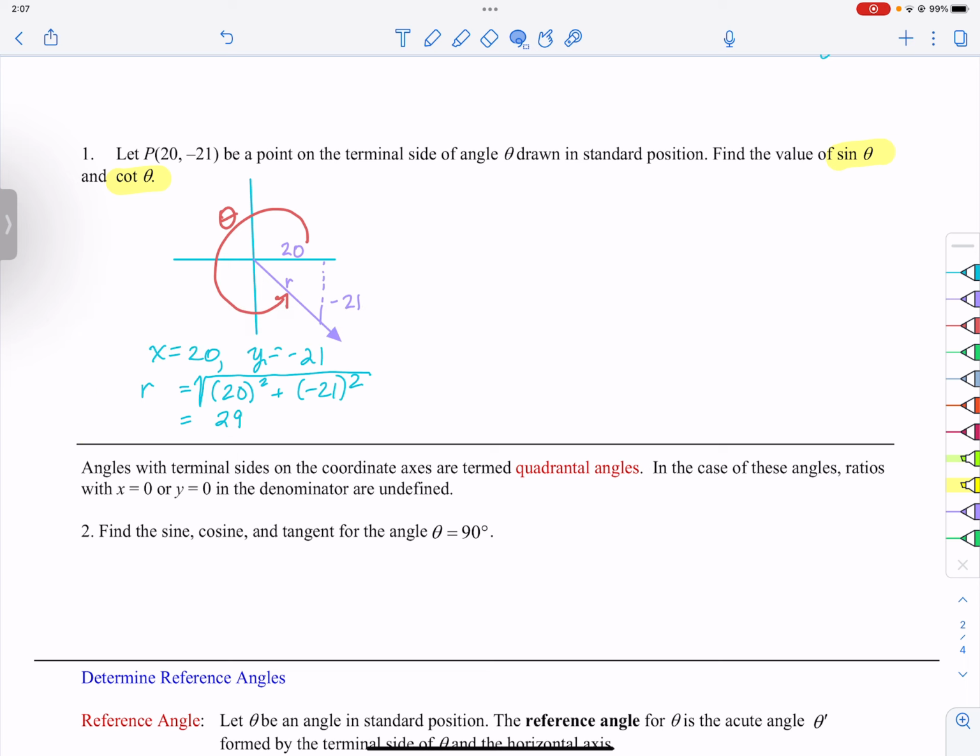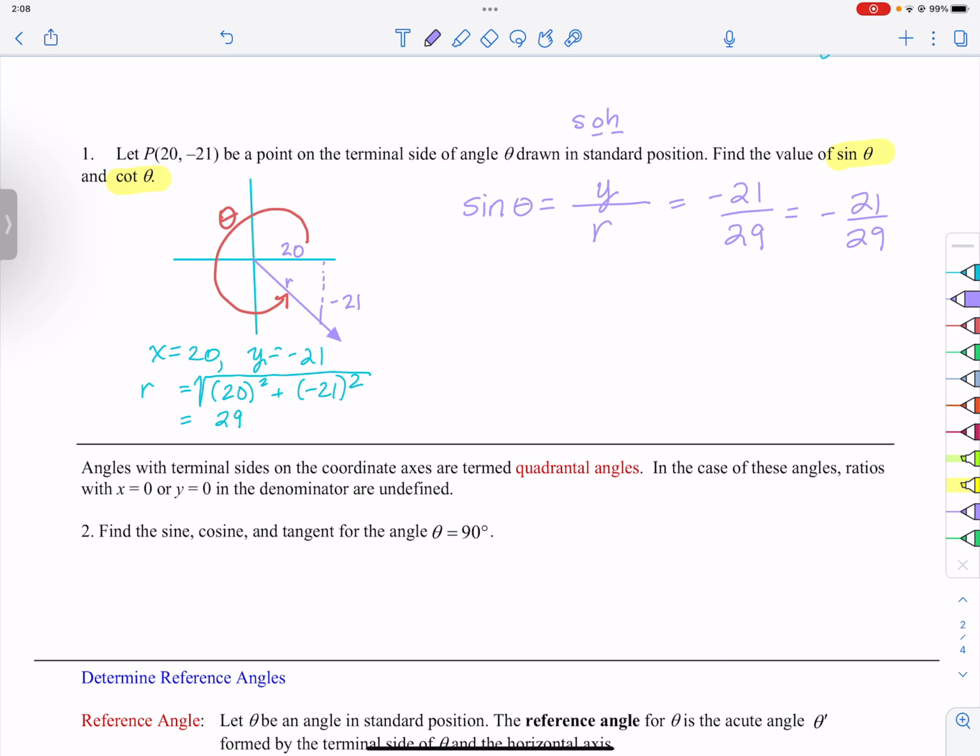Now we can go ahead and use our properties. So we'll work on the sine of theta first. The sine of theta, remember, that's the opposite over the hypotenuse, so that's y divided by r, and that's equal to negative 21 divided by 29, and we have negative 21/29.